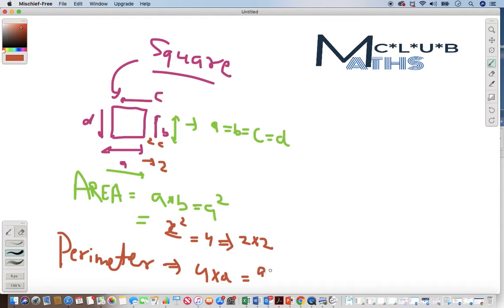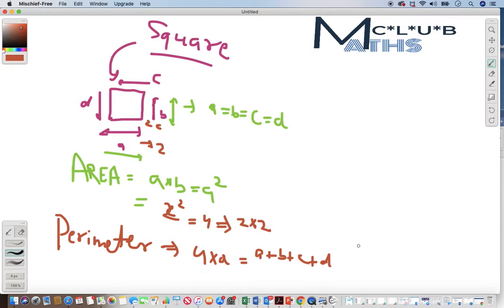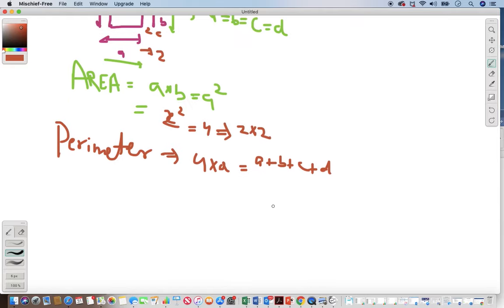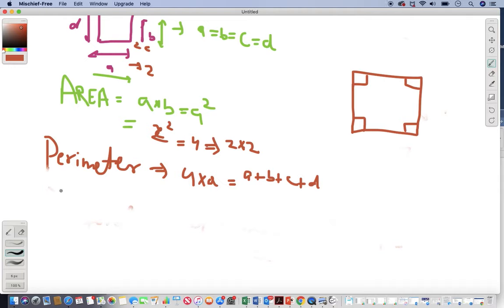Or we can say A plus B plus C plus D is your perimeter.